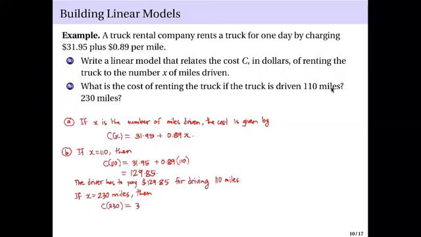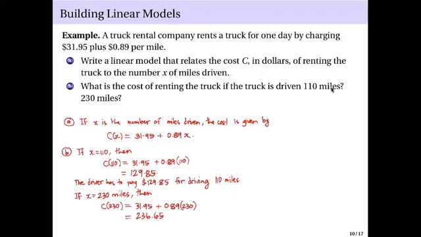And again, this is just 31.95 plus 0.89 times 230. So if we compute this, we have 236.65.